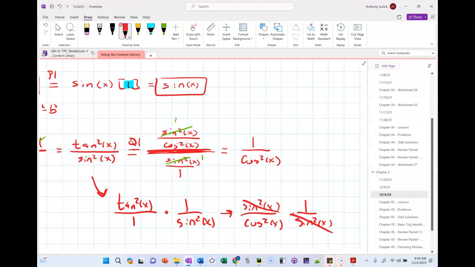I don't like fractions if I don't have to work with a fraction inside of a fraction. I prefer not to think about it that way because it's easy to make a mistake. So oftentimes I'll do something sneaky like that. It's the same thing. We're ending at the same spot.